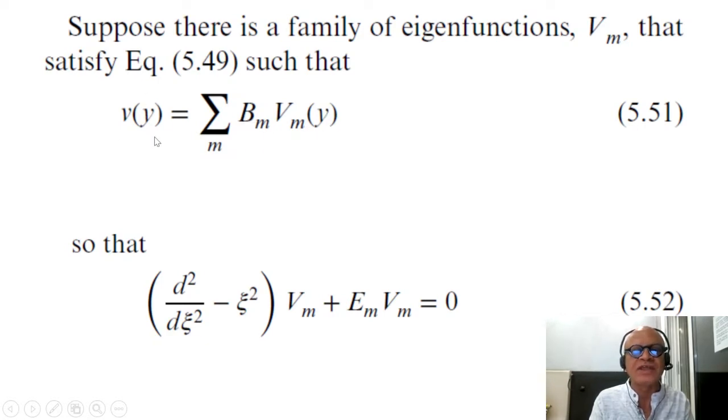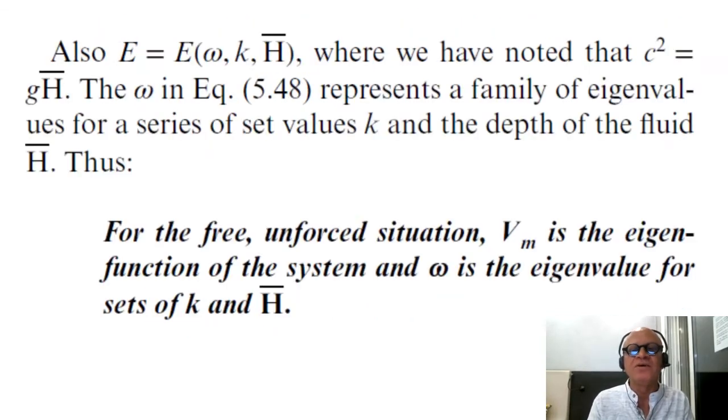So we're just writing the meridional structure now in terms of these eigenfunctions, so that we can write the Schrodinger's oscillator equation like this. Now we have the eigenvalue Em with the eigenfunction Vm.